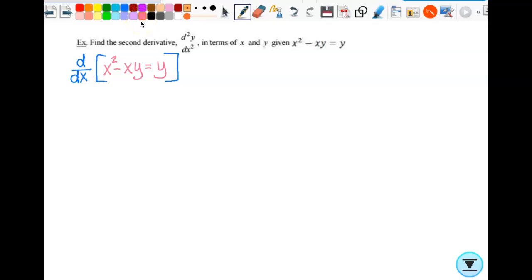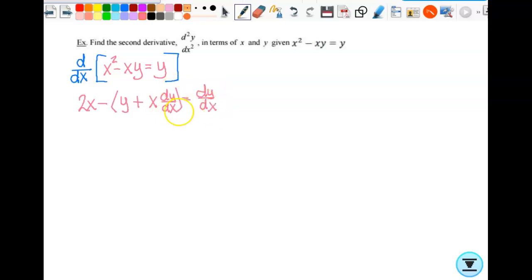Okay. I take the derivative of x squared, that becomes 2x, right? Minus, what do I have to use here? Product rule. How many terms do I get with product rule? 2. So I have to have parentheses here. The derivative of x times y is just y, plus x times the derivative of y, equals dy dx.